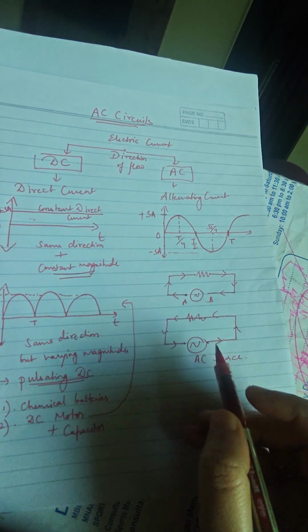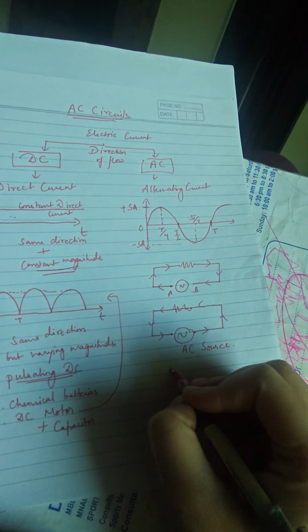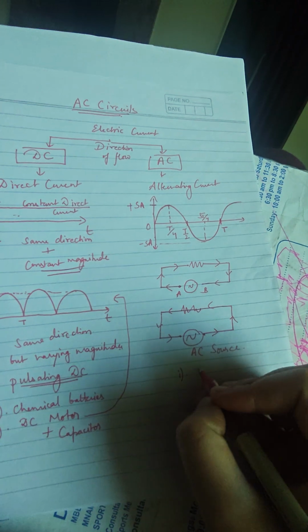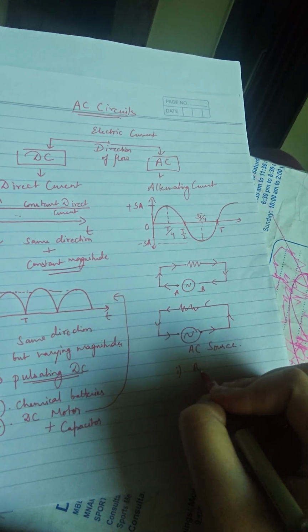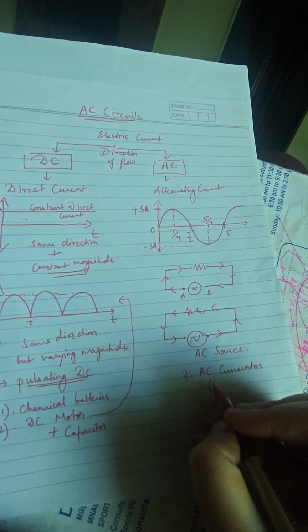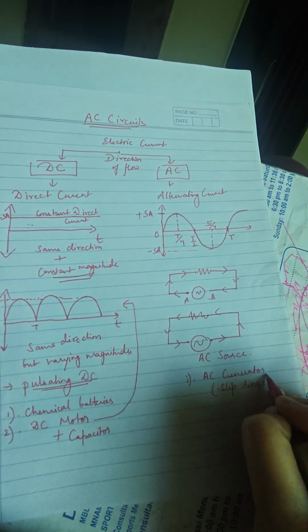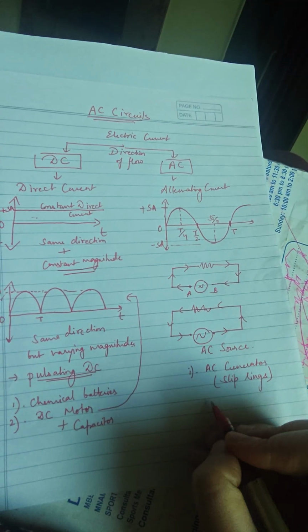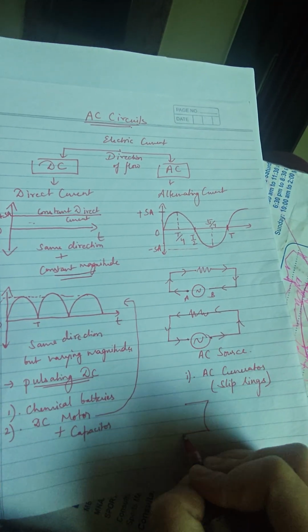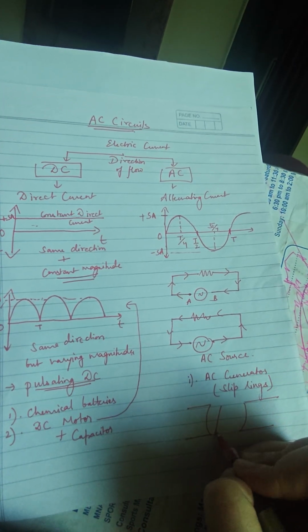Now if I talk about AC, AC is produced by a generator. You have an AC generator, and an AC generator has specifically one thing which we call slip rings. These slip rings are the ones which enable the generator to behave like an alternator, like something which can change the direction of the current.